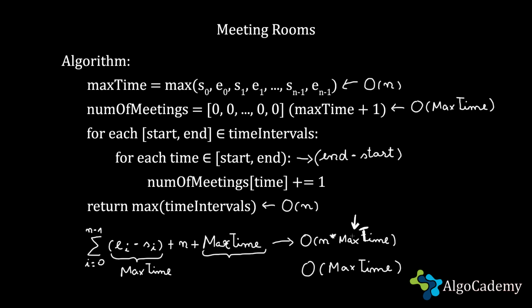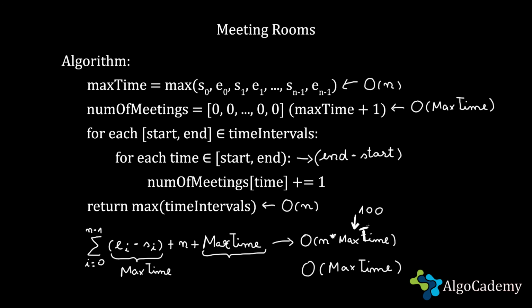If the interviewer would give you a problem in which he would say that all the time moments, all the integers in the input, the start points and the end points, are at most 100, let's say, then that would be awesome because he basically gave you the constraint that max time is in the worst case scenario 100. The time complexity is still big O of n crossed max time, as 100 is a constant, but it's not that small that we can forget about it and say that it's big O of n, right?